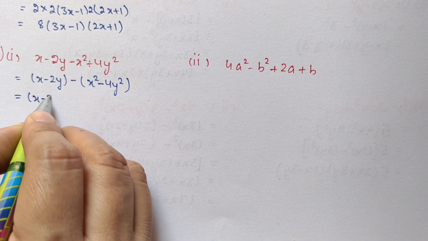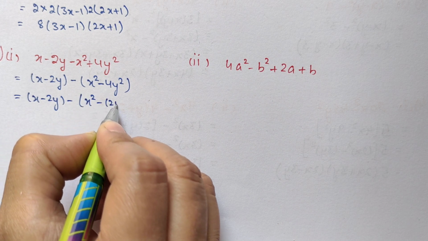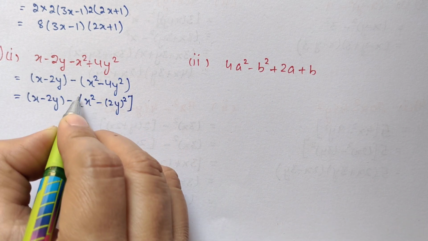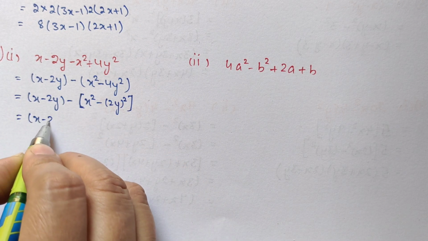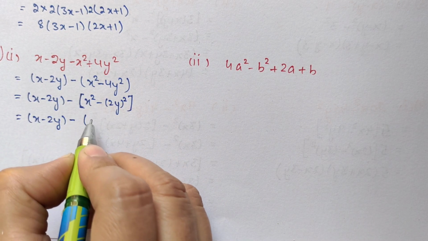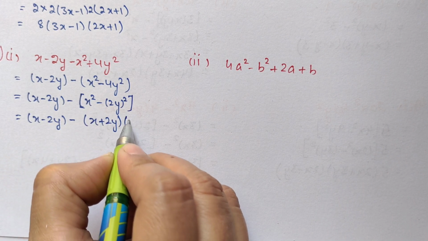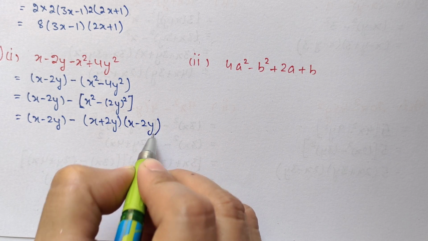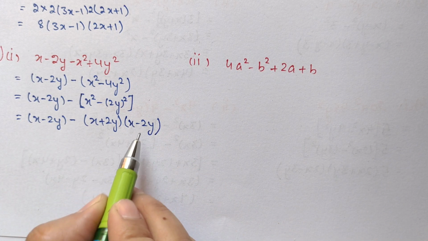First we will write this bracket as x² − (2y)², so a² − b². Use the identity here. It will become (a + b)(a − b), that is (x + 2y)(x − 2y). Now from this and this, you can see this (x − 2y) is common.